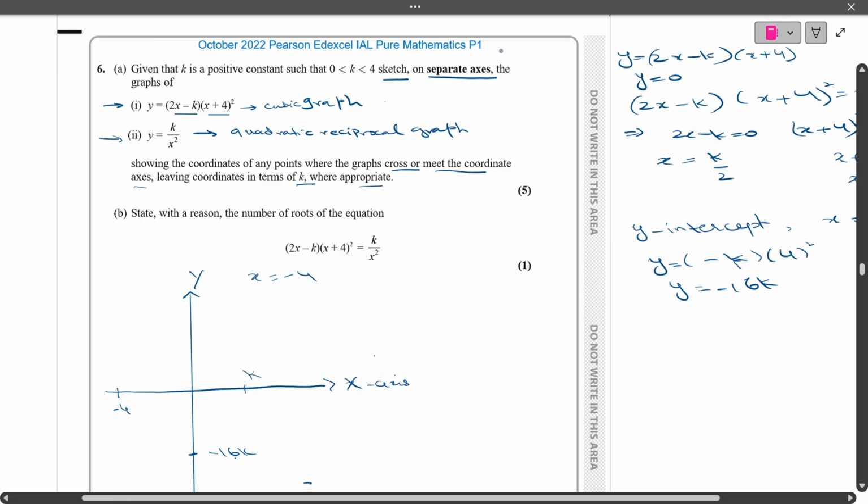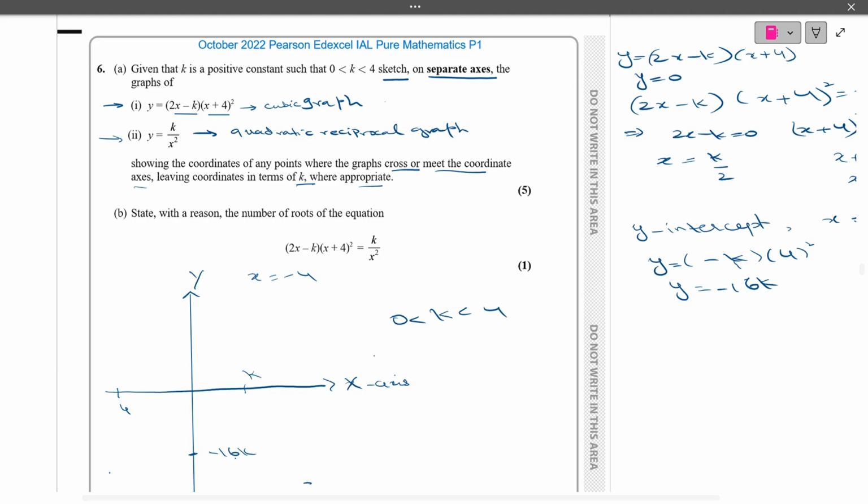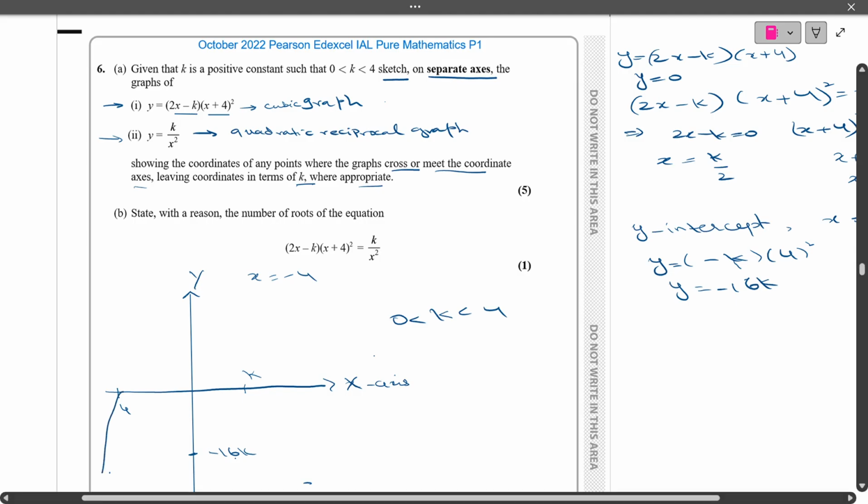And we know that k lies between 0 to 4, so it's not negative. So definitely k over 2 will be on the positive side. As the root is repeated, when I draw a freehand curve, it will touch the x-axis at negative 4, but it will not cross the x-axis.